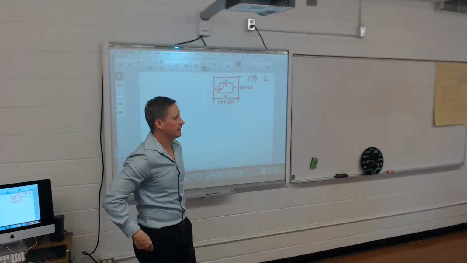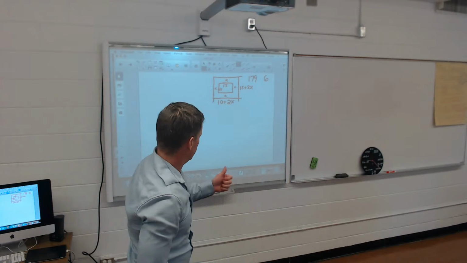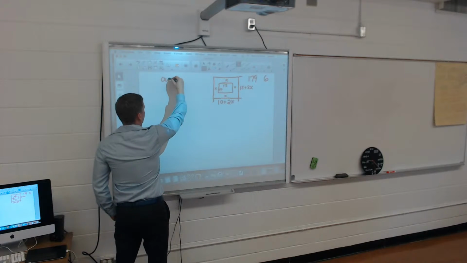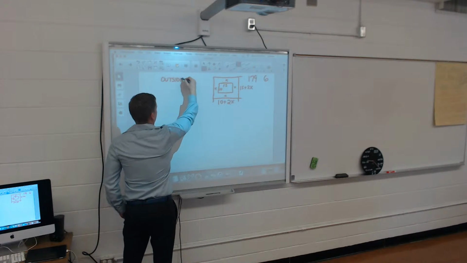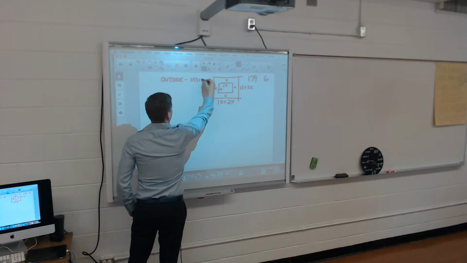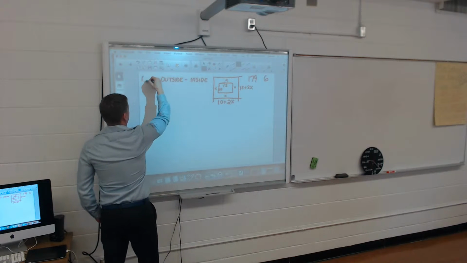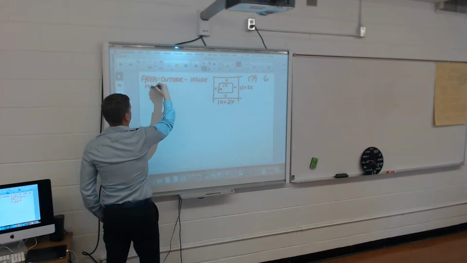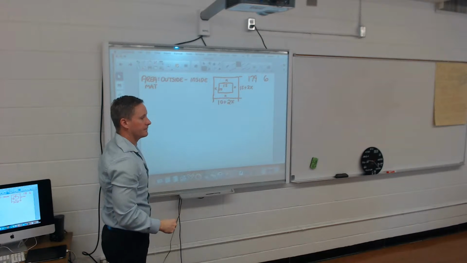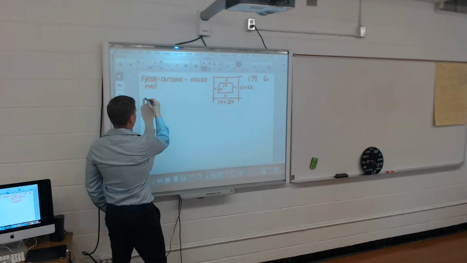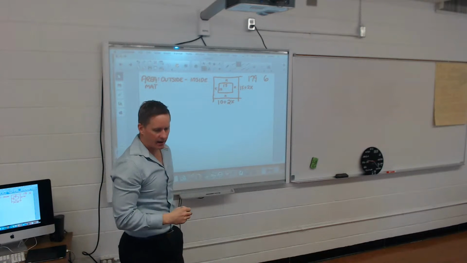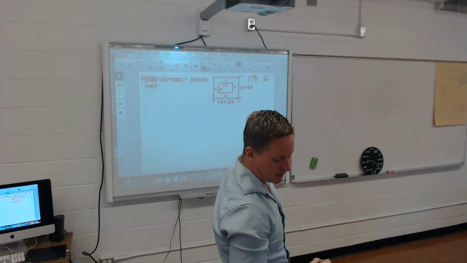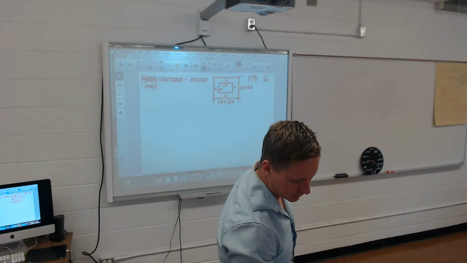So I take the area of the outside minus the area of the inside, and that gives me the area of my mat. Then it gives us the area: the mat and photo will have an area of 500 centimeters squared. What should the width of the mat be?